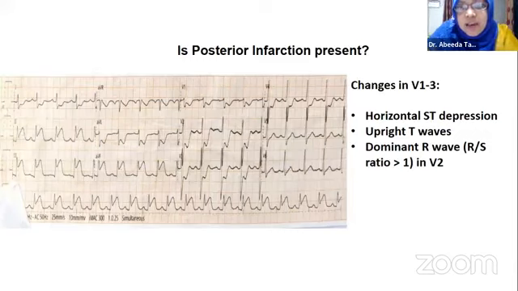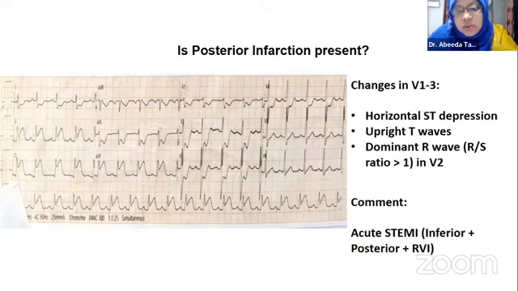In V1 to V3, there is horizontal ST depression, upright T waves, and dominant R waves, so we'd like to say there is also posterior infarction. The final comment on this ECG: this is acute ST elevation myocardial infarction, inferior plus posterior wall involvement with right ventricular infarction.